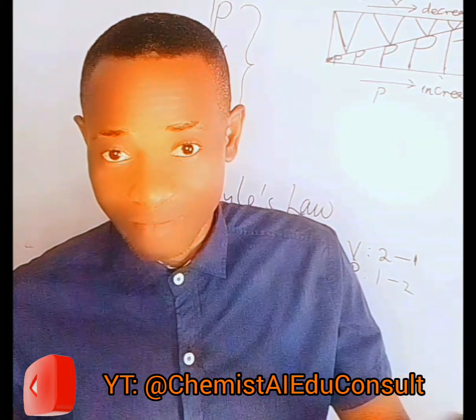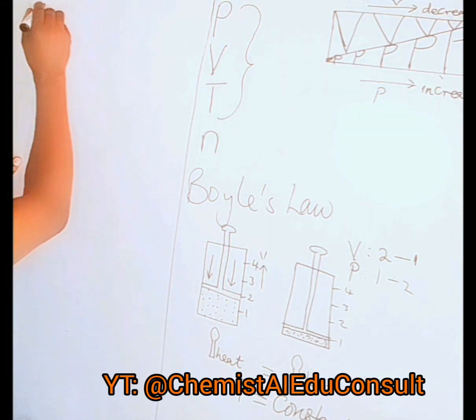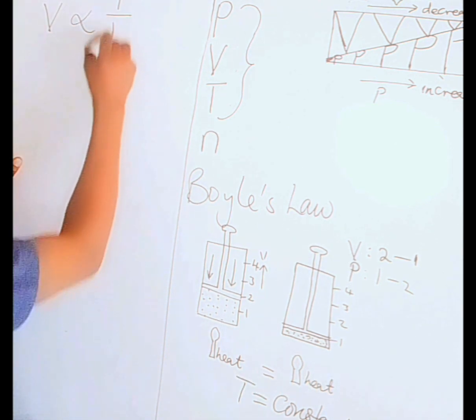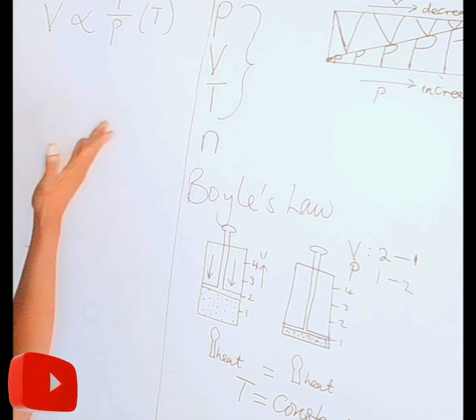Now let us make mathematical sense from this law. According to Boyle's law, the volume of a given mass of gas is inversely proportional to its pressure, provided that temperature remains constant. What does this mean?